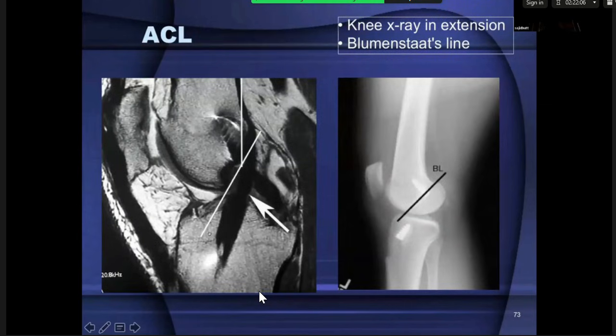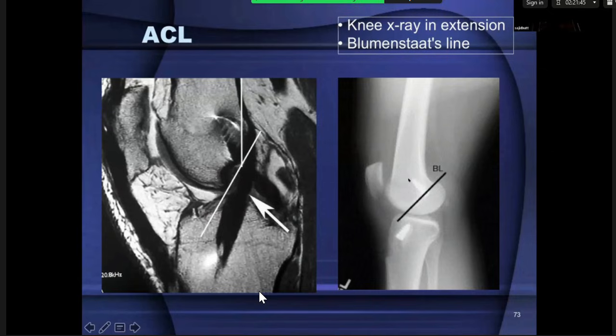Once the ACL gets repaired, they may show you an example of a badly placed graft. In a nutshell, the graft has to be parallel to the Blumensaat line. This is the line of the intercondylar notch, so it should be parallel to this line.